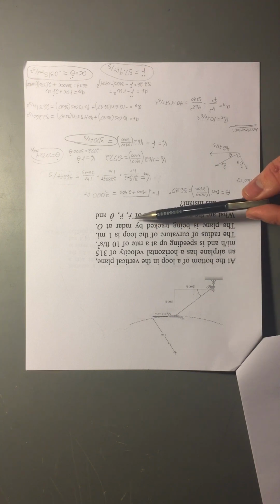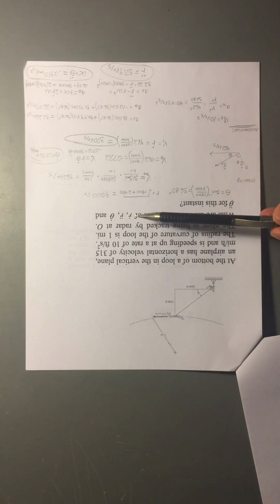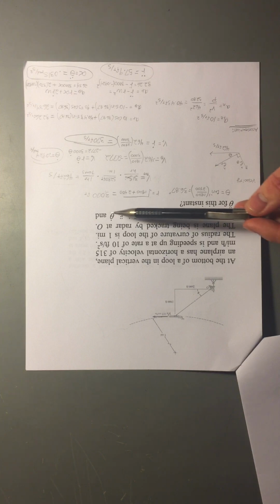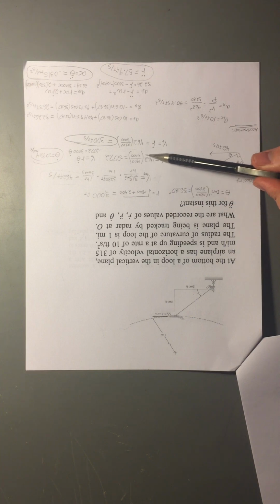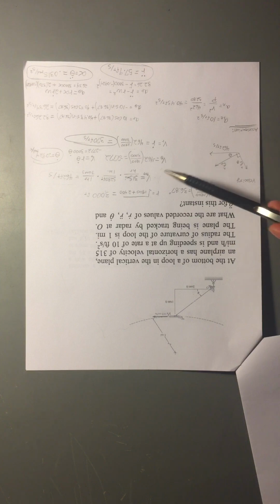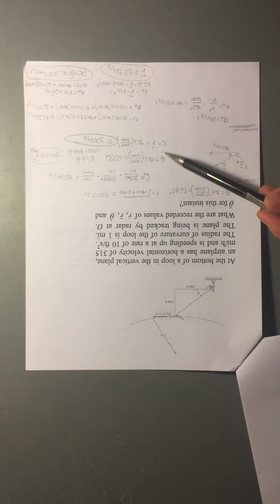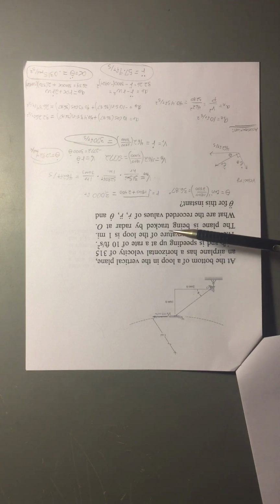The first thing that the question wanted us to find was r dot and theta dot, which are the different components of the velocity. To find that, I drew this little sketch here that helped me think that through. Then taking our total velocity, our horizontal velocity, and applying this triangle to it, we were able to find the 2 different components that it's asking for.